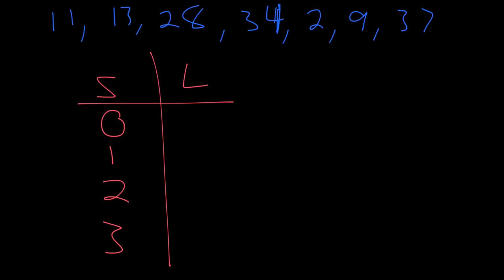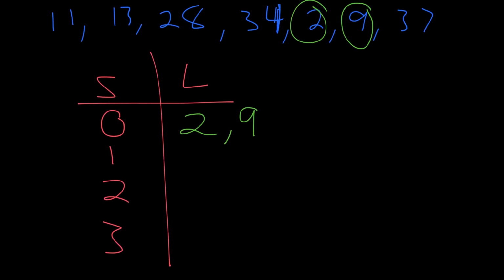Because these are going to be 2 digits, this would be the first digit and the second digit of these numbers. For 2, I'm going to say the 0, that's just 2. Then I also have a 9, that's a 1-digit number, so 9.